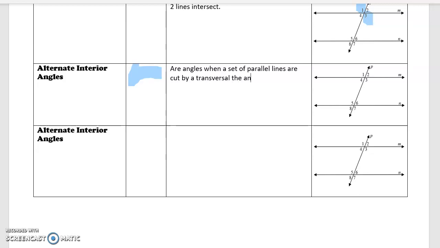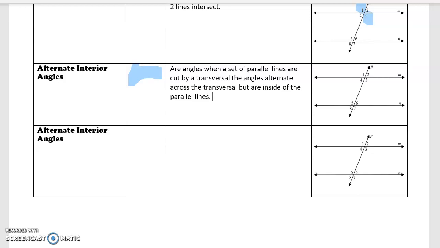The angles alternate across the transversal but are inside of the parallel lines.